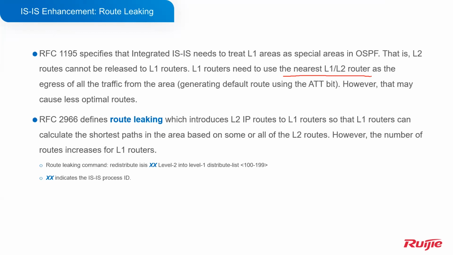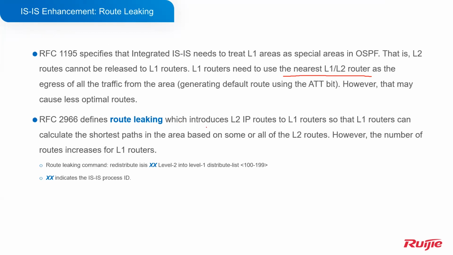If you only choose the nearest level 1 and level 2 router, maybe there is a less optimal route, right? So how to avoid this? We can use route leaking.